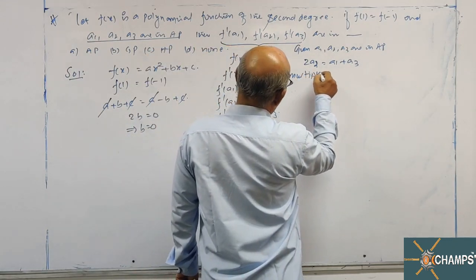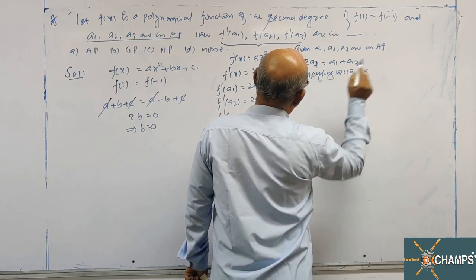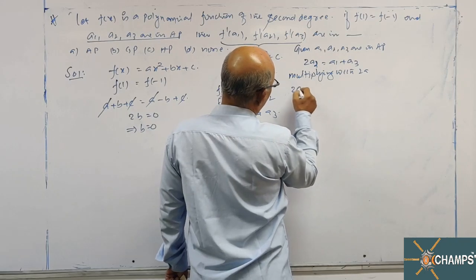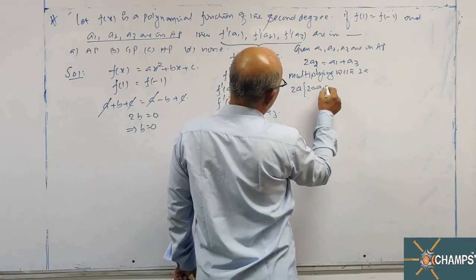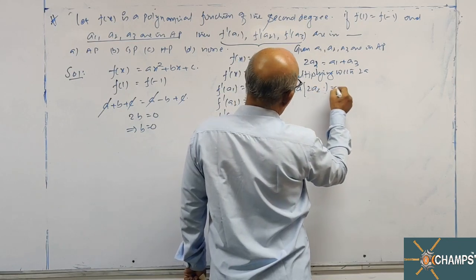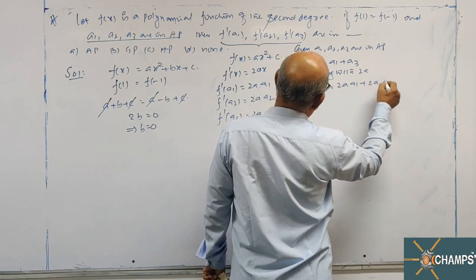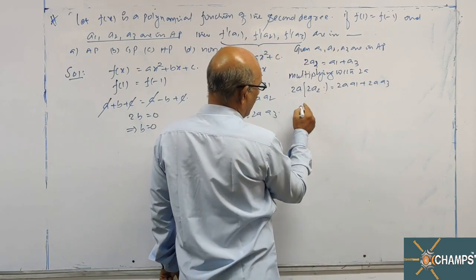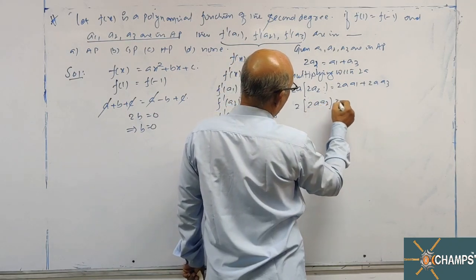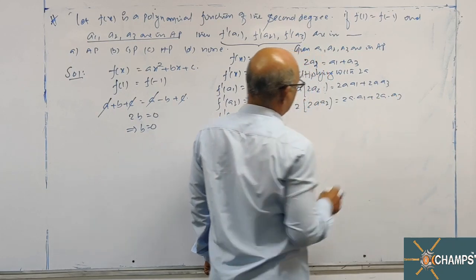So multiplying with 2a. 2a into 2a2 is equal to 2a1 plus 2a3. Take a inside, 2 times 2a a2 is equal to 2a a1 plus 2a a3.